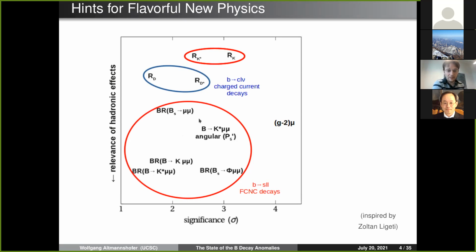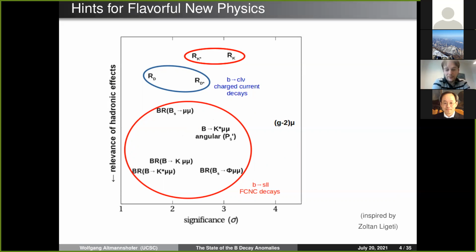There are other observables also related to b to s ll flavor changing neutral current decays that show these anomalies. These are, first of all, absolute measurements of branching ratios: branching ratios of B to K mu mu, B to K star mu mu, and Bs to phi mu mu. They all differ from standard model predictions at the level of 2 to 3 sigma. There are angular observables in B to K star mu mu, famously the observable called P5 prime.